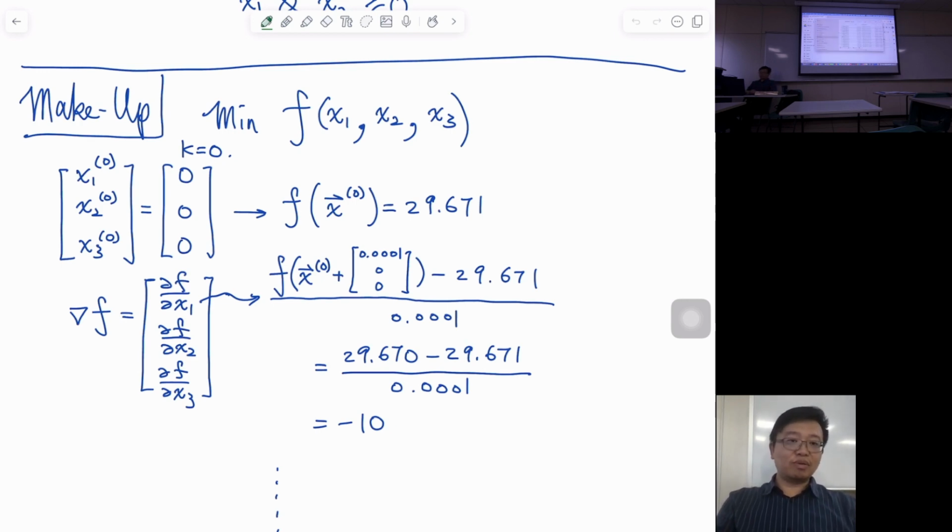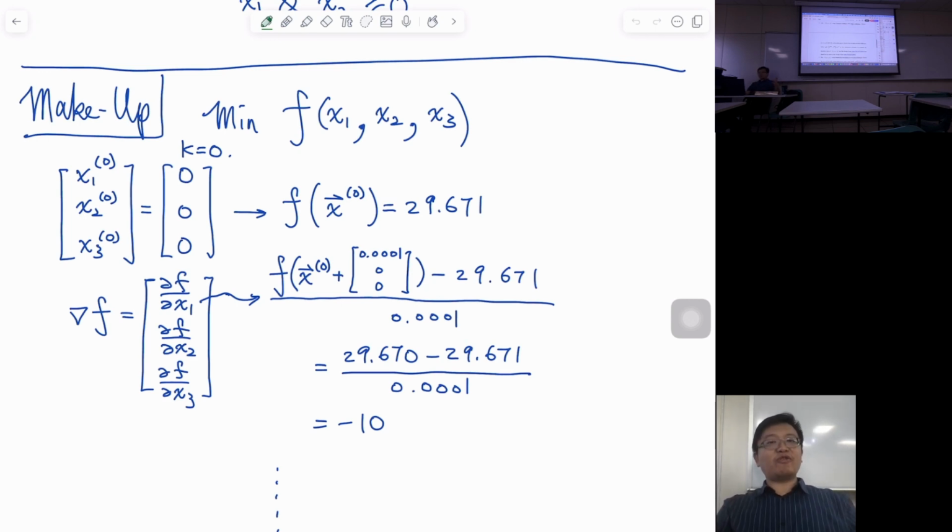So the problem was, let me go to the, where did I? Okay. The problem was this. It's looking very similar, but here I said you're going to minimize the problem using Newton's method with finite difference.